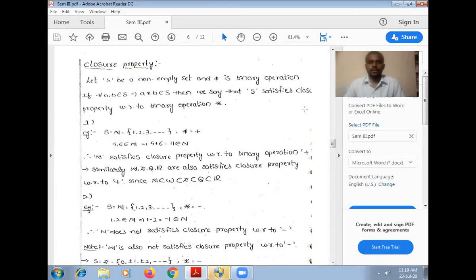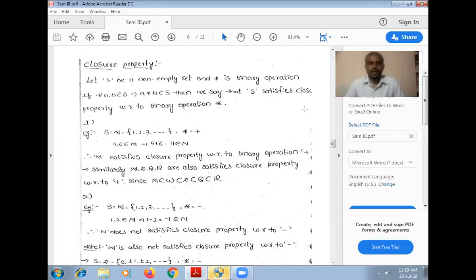So it means if we take any non-empty set and take any two elements in the set, and apply the binary operation, the result belongs to S, then that star satisfies closure.